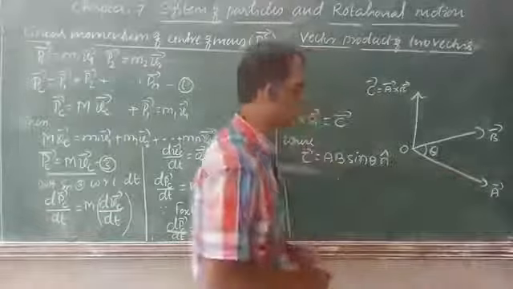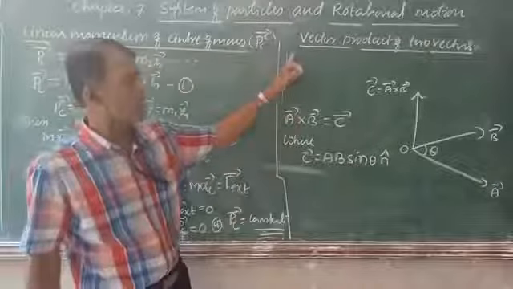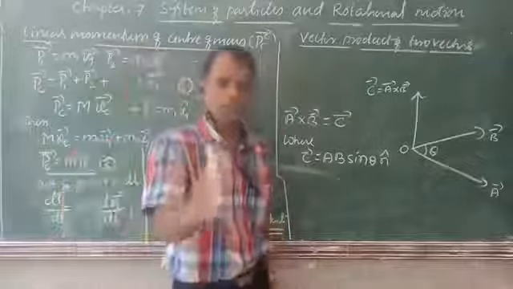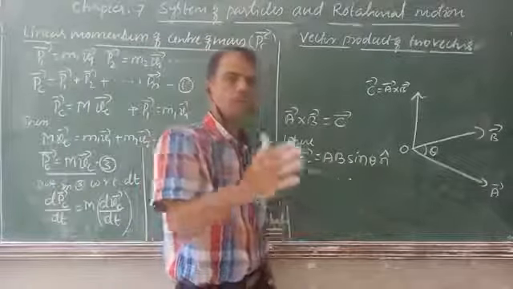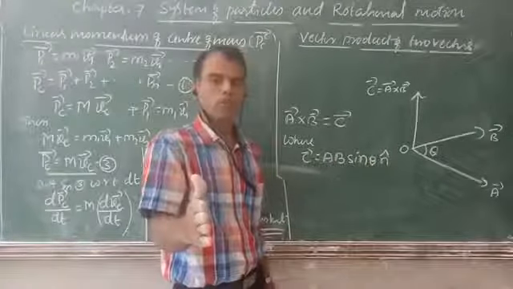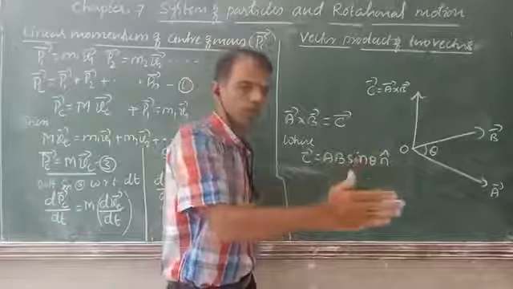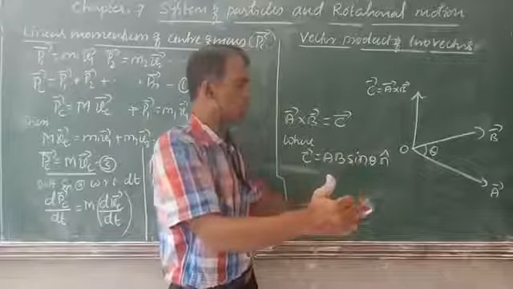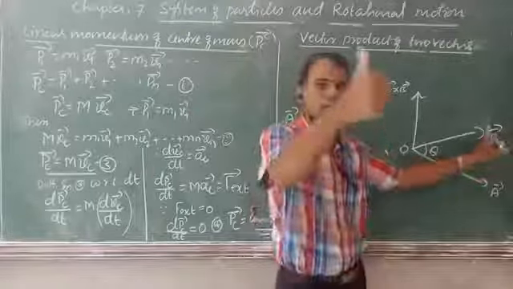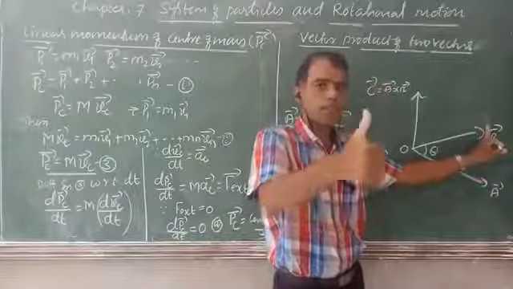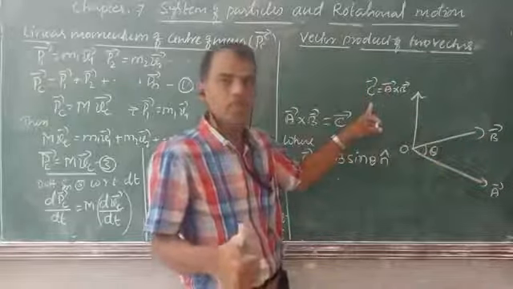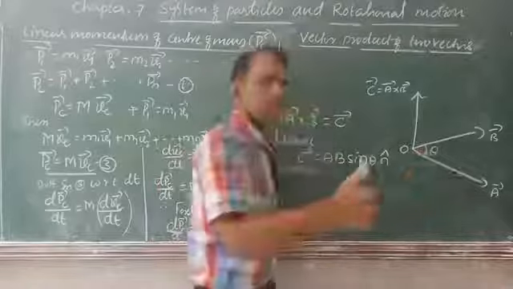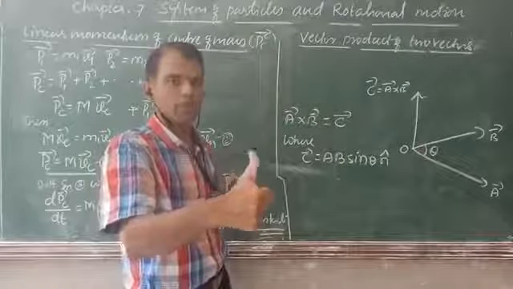So the direction of the vector product of two vectors can be taken like this. Suppose this is vector A and this is vector B. According to the right hand rule, if you move from vector A to vector B, curling your four fingers in the direction from A to B, then the thumb pointing upward is the direction of A cross B. If you move from A to B, then A cross B is upward.